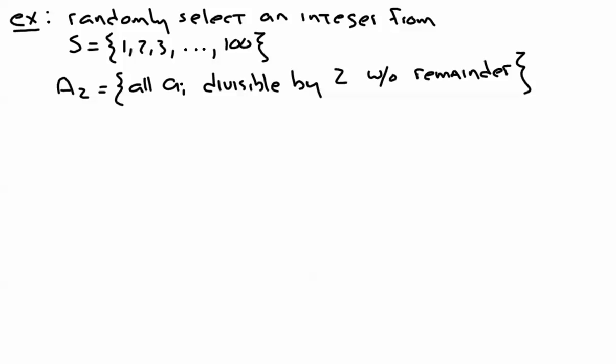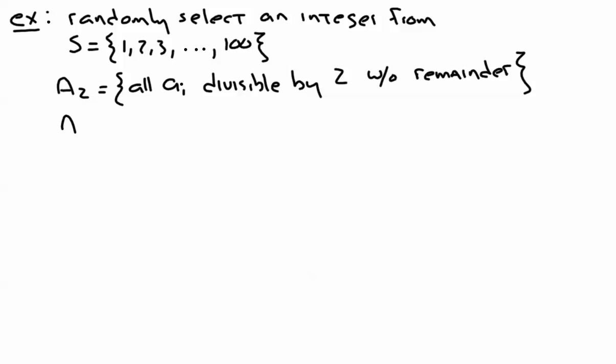All right. Event A sub 2 is going to be the collection of all integers, a sub i, where i represents the integer value, that are divisible by 2 without remainder.